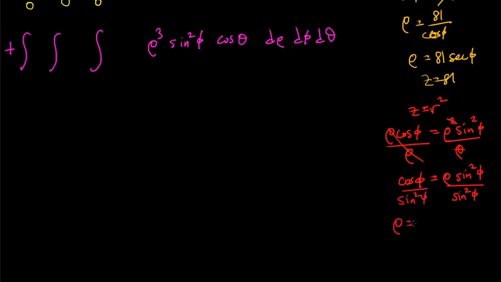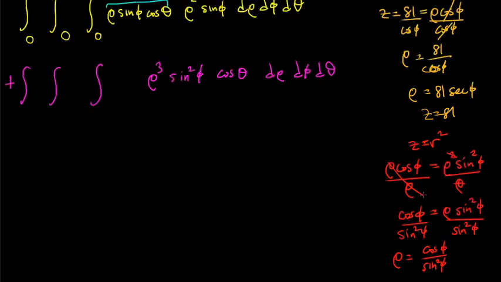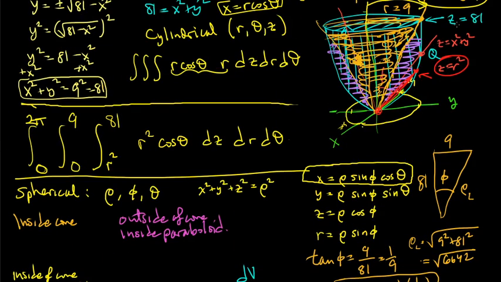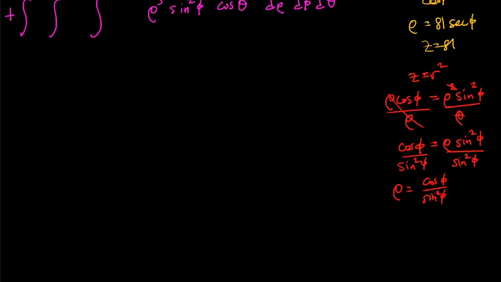Rho equals cosine of phi over sine squared of phi. That is the equation of the paraboloid, z equals x squared plus y squared in rectangular, or z equals r squared in cylindrical. It's a little more complicated in spherical.